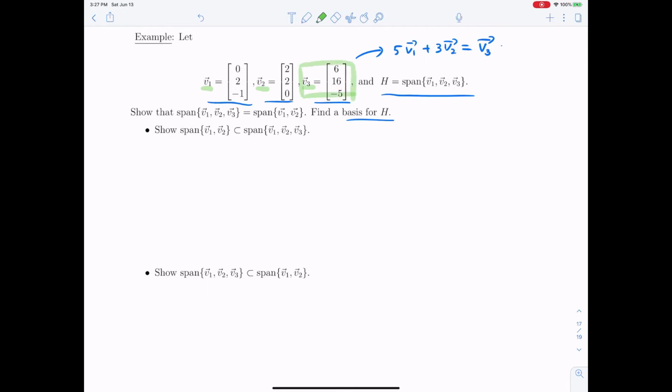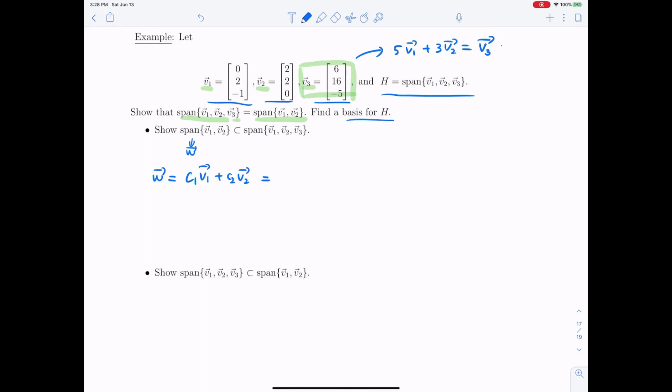So we will show that the span of these three vectors is actually the span of these two vectors. First of all, if you take any element w inside here on the left hand side, then we can write w as a linear combination of v1 and v2, say c1 v1 plus c2 v2.